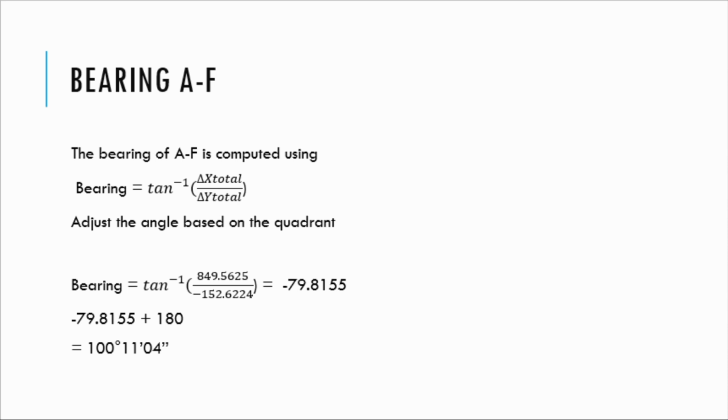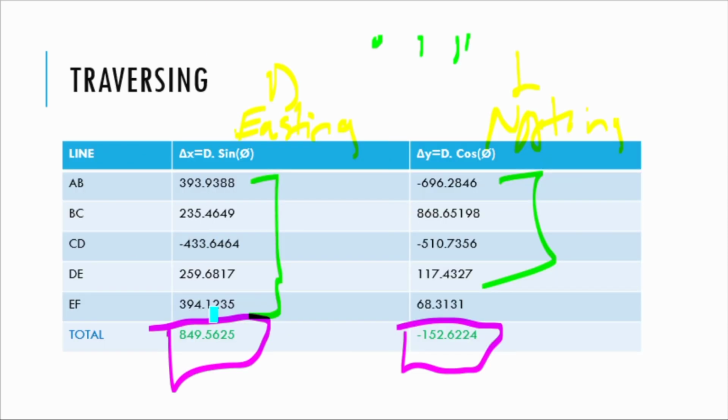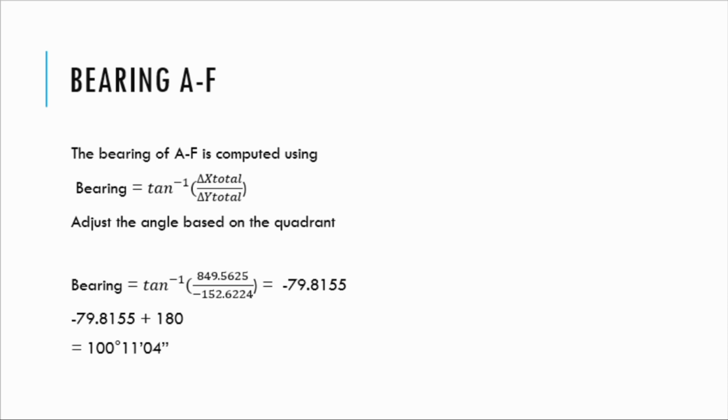The two totals are what we got here, remember. These are the total in latitudes and the total in departures. So by dividing those two and then finding the tan inverse, you'll get negative 79.8155. So you change that into degrees again.